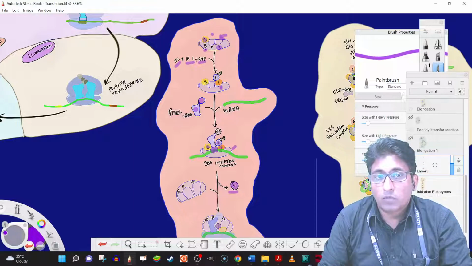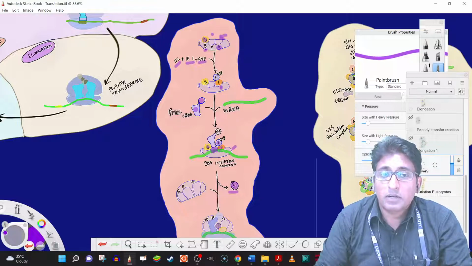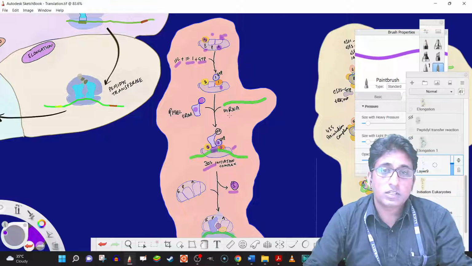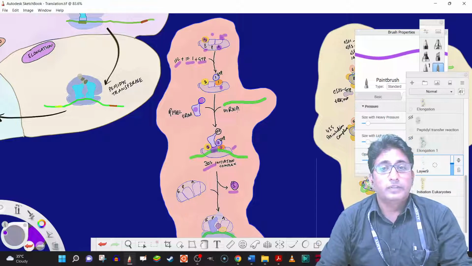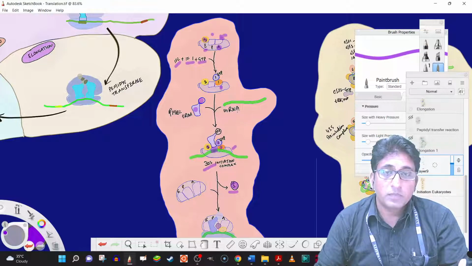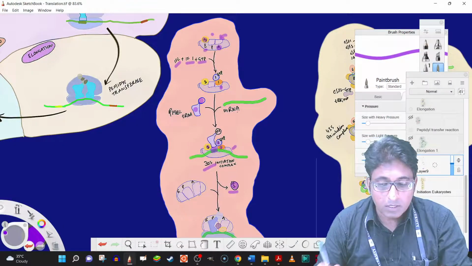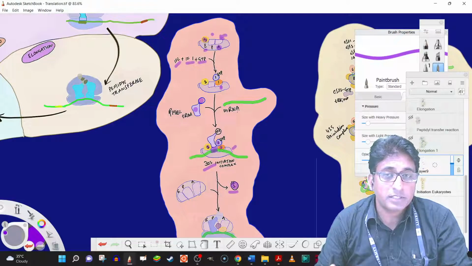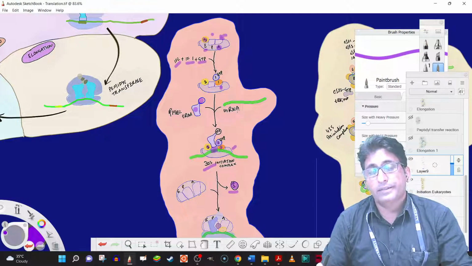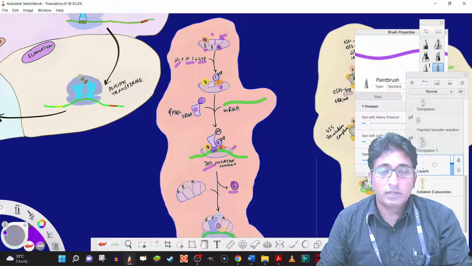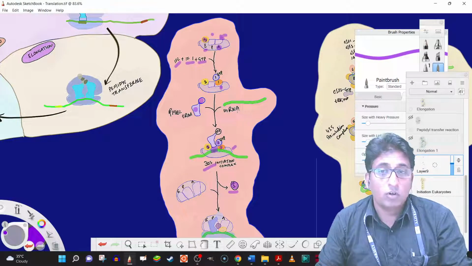Once these are accomplished and the mRNA is bound, we have the 30S initiation complex formation. IF3 is lost, the large subunit comes by, and then we have the loss of initiation factor 2 and 1. So the GTPase activity of initiation factor 2 is important, and once the GTP is hydrolyzed to GDP and inorganic phosphate, we have loss of affinities.